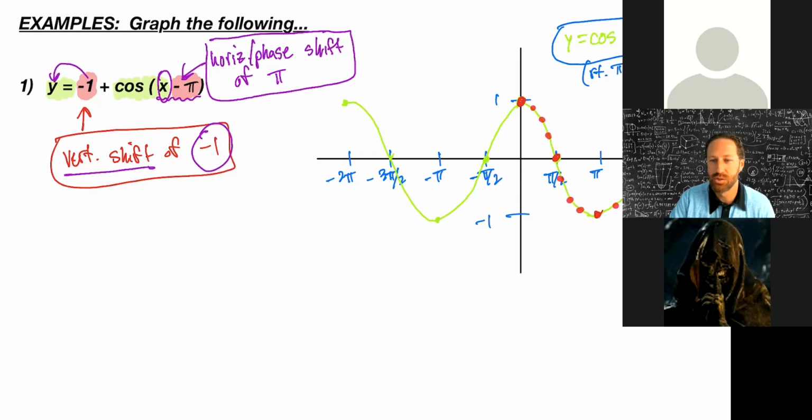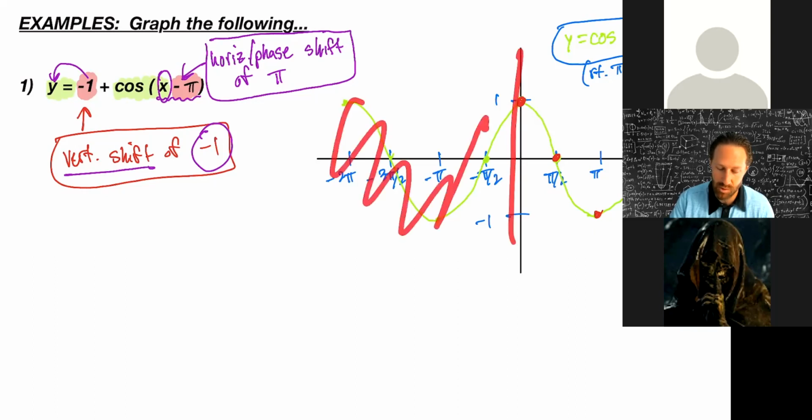No, we said that's too much work. We said we'll just graph these 5 key points, those quadrantal angles, in order to know the basic shape of this. So I'm just going to do it over 1 period. I'm not even going to do 2 periods. And I'm just going to take these 5 key points and do this to them.